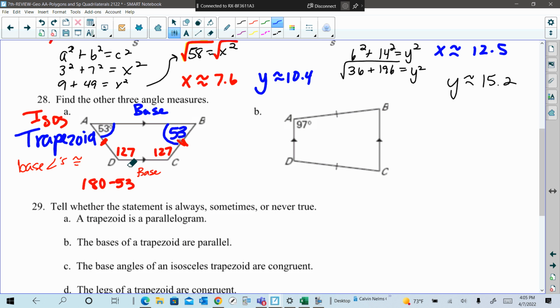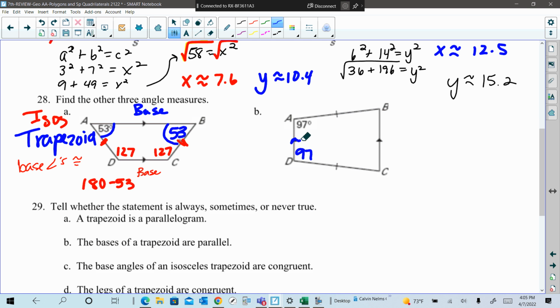Now to get my missing angle 127, I showed it right here on the partial Greek key. You just do 180 minus 53 because the left side is a pair of consecutive angles that are supplementary. So if you're now applying that relationship to B, the first thing I would do is 97 with angle D, because that is the base.